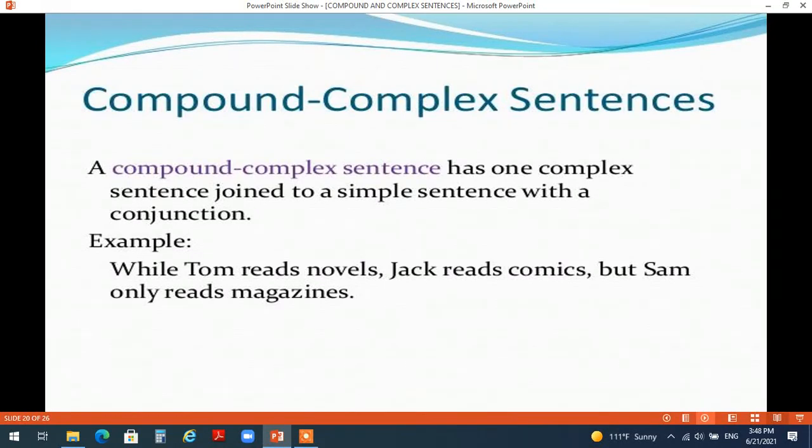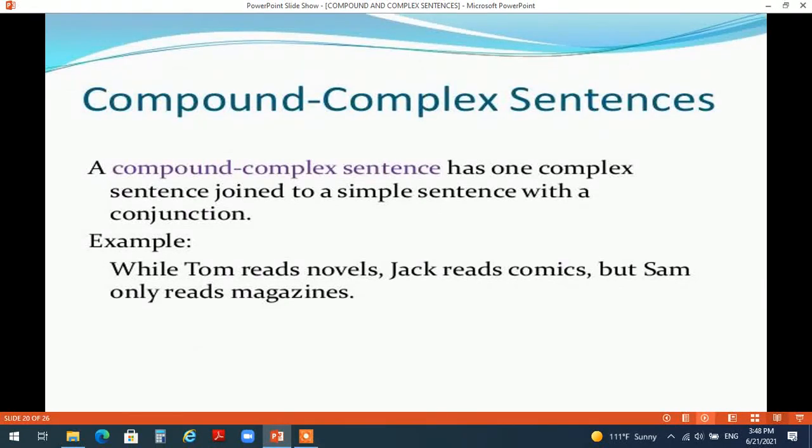But Sam only reads magazines. Here we have a compound sentence because we have the coordinator but. إذن but Sam only reads magazines is also an independent clause because we have a compound sentence.